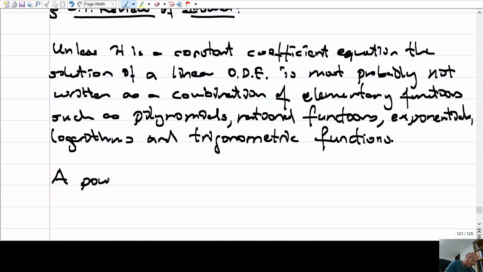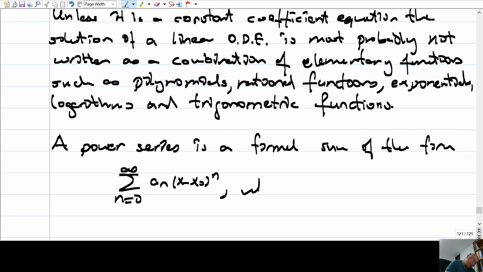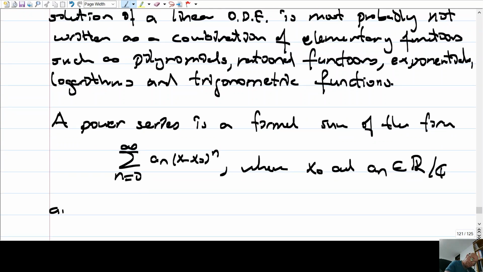Okay, a power series is a formal sum of the form: the sum of a_n (x minus x0) to the power n, from n equals 0 to infinity, where x0 and the a_n's are real or complex numbers more generally, and x is an indeterminate. Okay, so it's a variable.